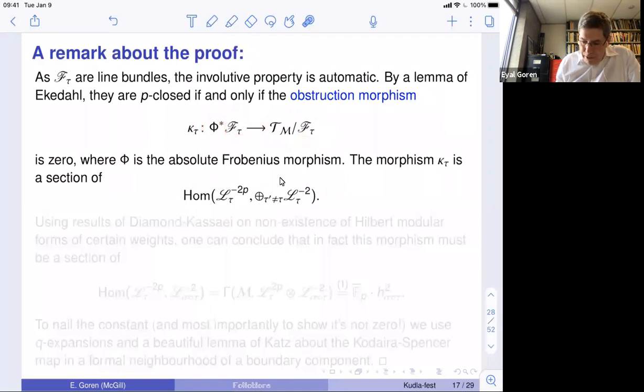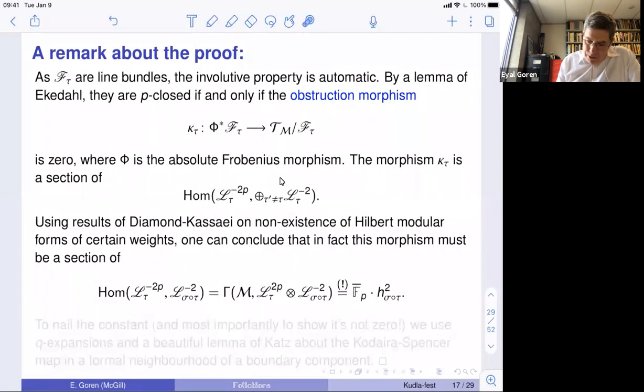Now, if you remember, this decomposition had to do with Hilbert modular forms, and you can show, using results of Diamond and Kassaei, that this morphism, which a priori lives here, must actually reduce to a morphism from L tau to the minus 2p to just one of the line bundles appearing here.